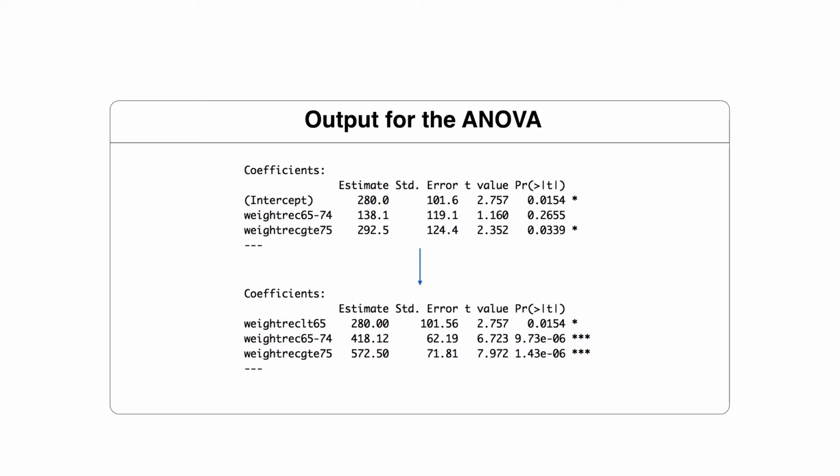You can separately print out the means, but in here, if you do not add the intercept term, then you see that ANOVA returns the weight categories of less than 65, between 65 and 74, and greater than or equal to 75, and in each of these, the estimate gives you the weights. I would not encourage you to take a look at the p-values of these individual categories, because they don't make much sense.